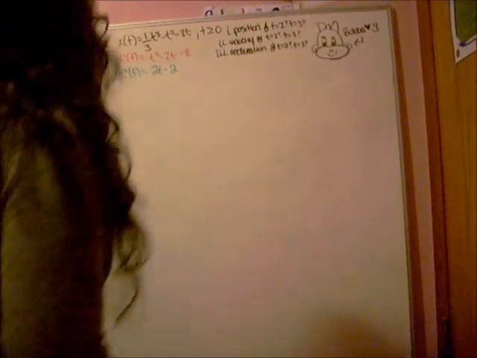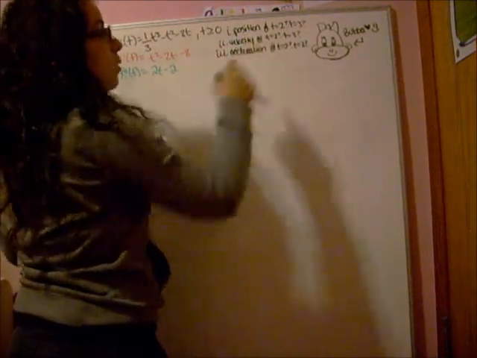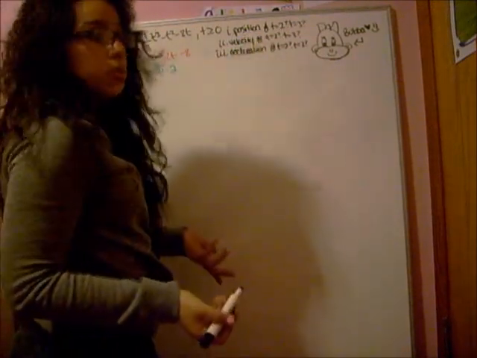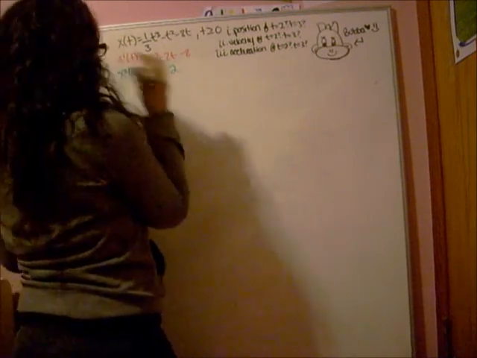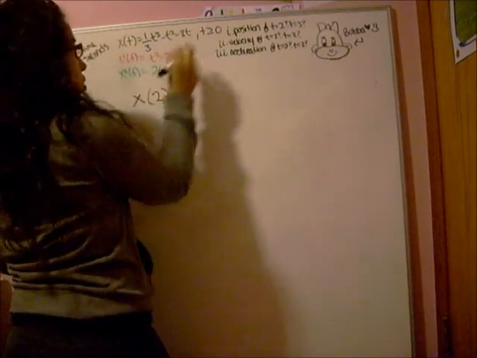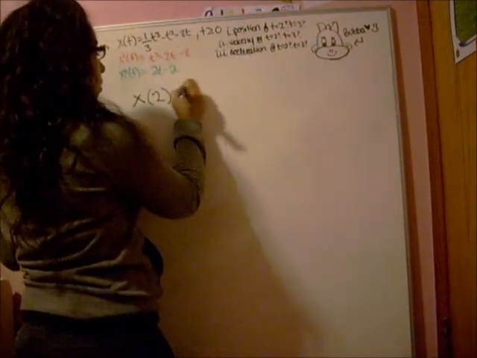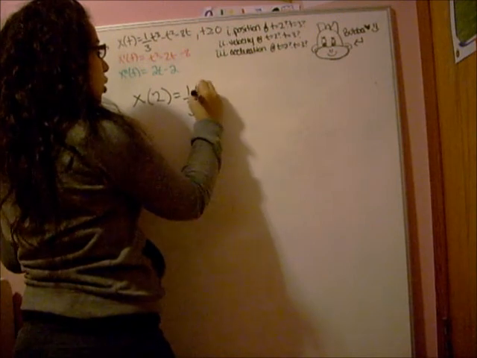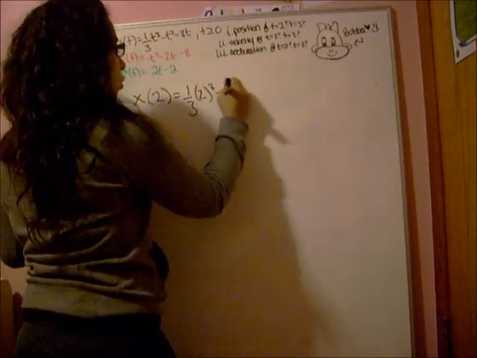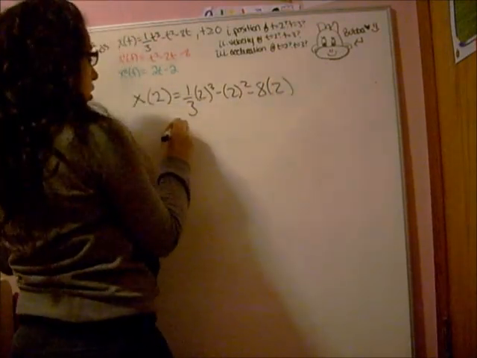Alright, so now we're going to answer the following questions. Where is the position when t equals 2 and t equals 3? So we're going to start off with t equals 2. We're going to plug it into our original position function, because it's asking for the position. So it's 1/3, and you replace the t with the 2, cubed, minus 2 squared, minus 8 times 2. So you just solve.